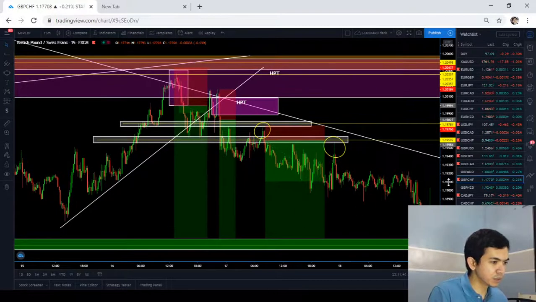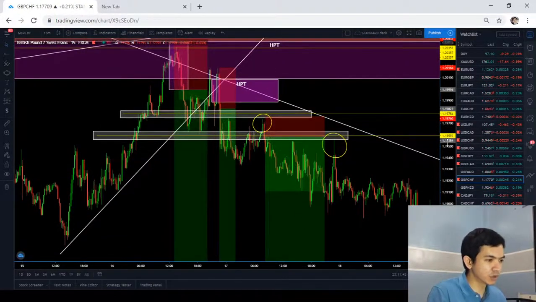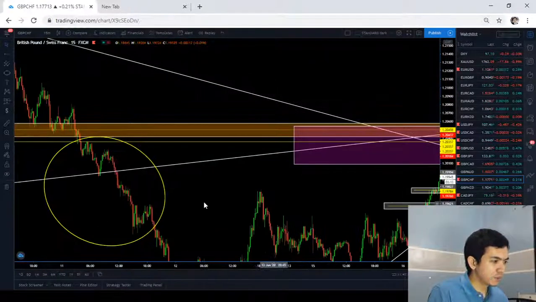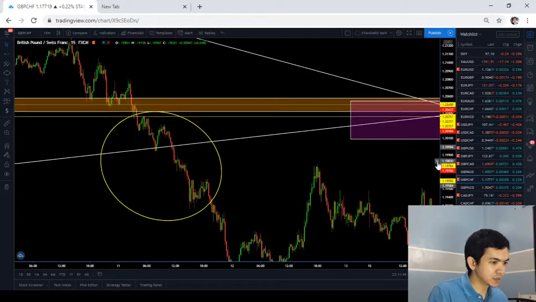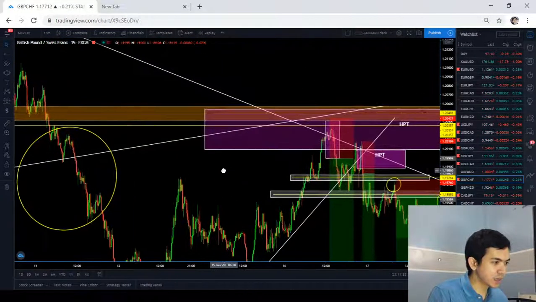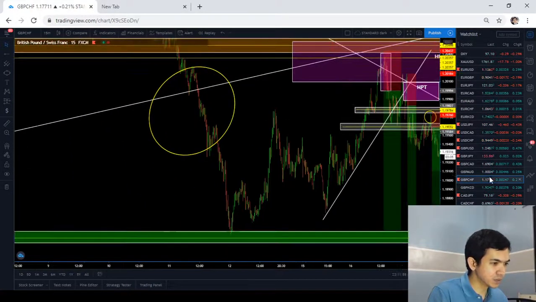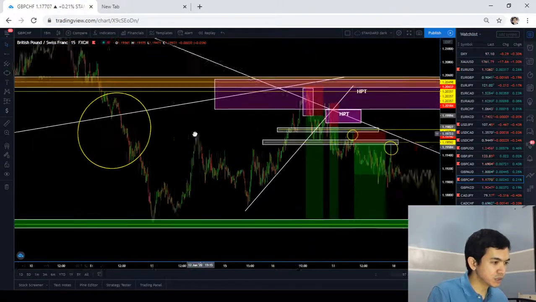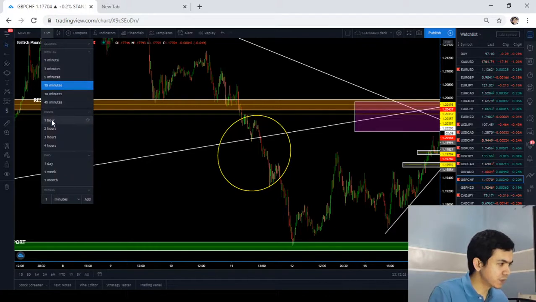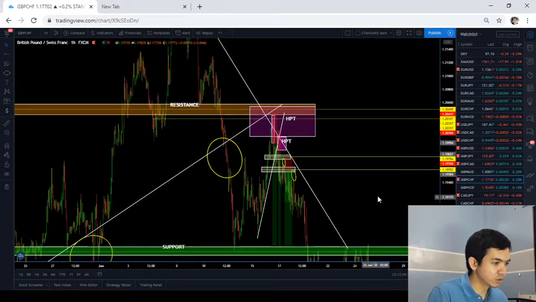So, it's all about repeating the same process over and over again. Sabi ko nga, walang bagay na nakuha sa madalian, guys. Kung meron man, mawawala din yun ng mabilis. Okay? So, napakahalaga na mag-practice kayo at i-follow nyo yung system rules. Okay? So, that's how you make yourself a better trader in a long-term perspective.